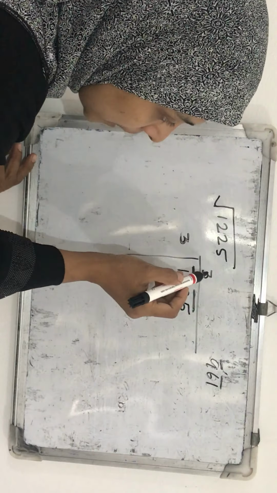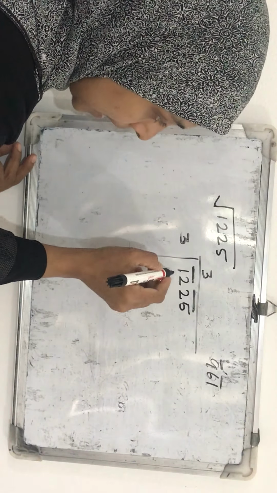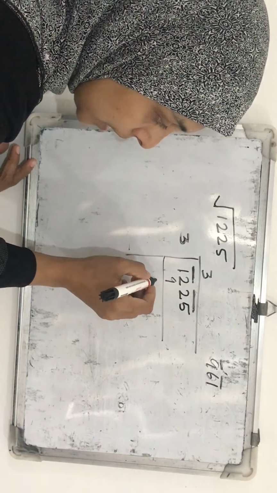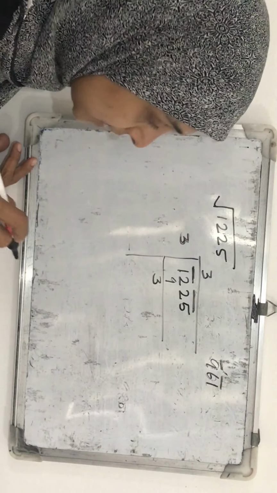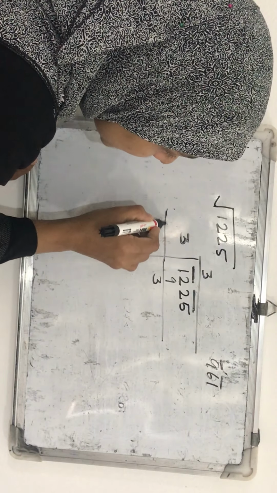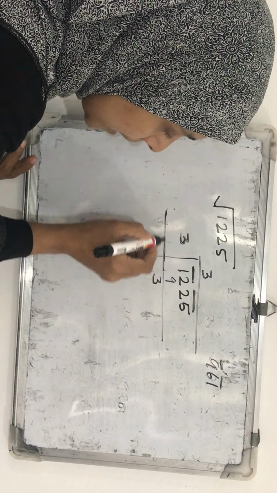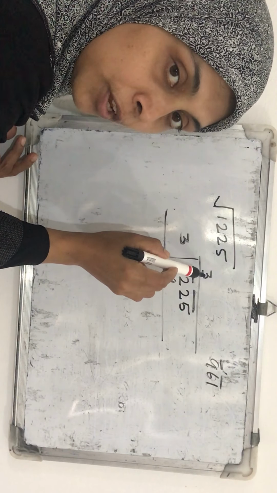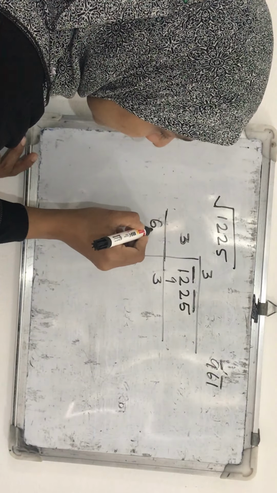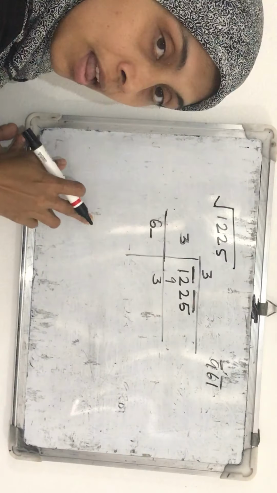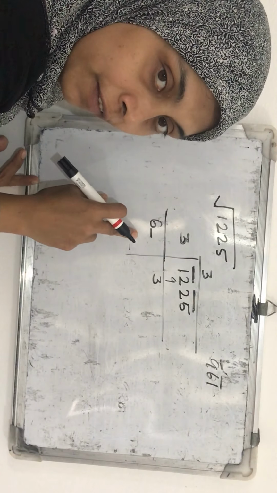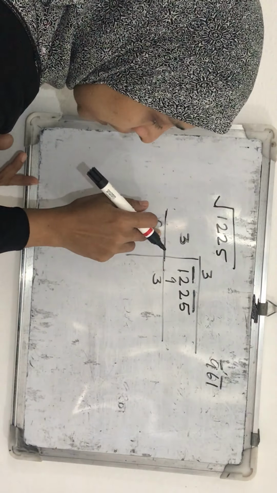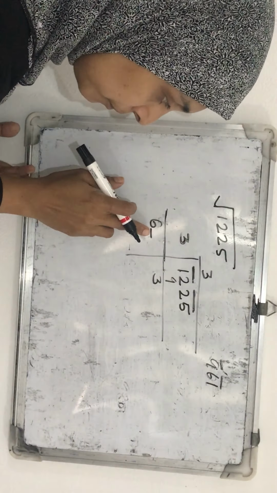Next step is multiply these two, 3 into 3, 9, that we write below this 12, then subtract, 12 minus 9, 3. Next step, listen well. You want to draw a line here. Then find the double of this 3. Double of 3, we know, is 6, and you want to make a blank here.